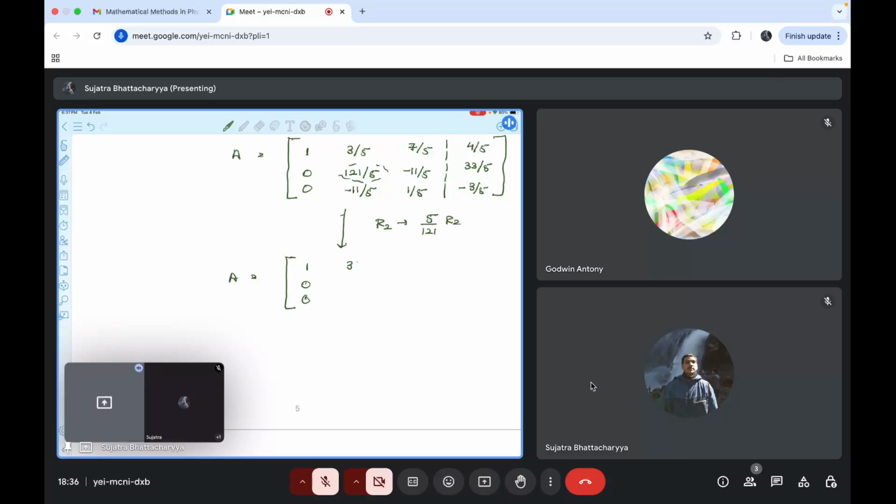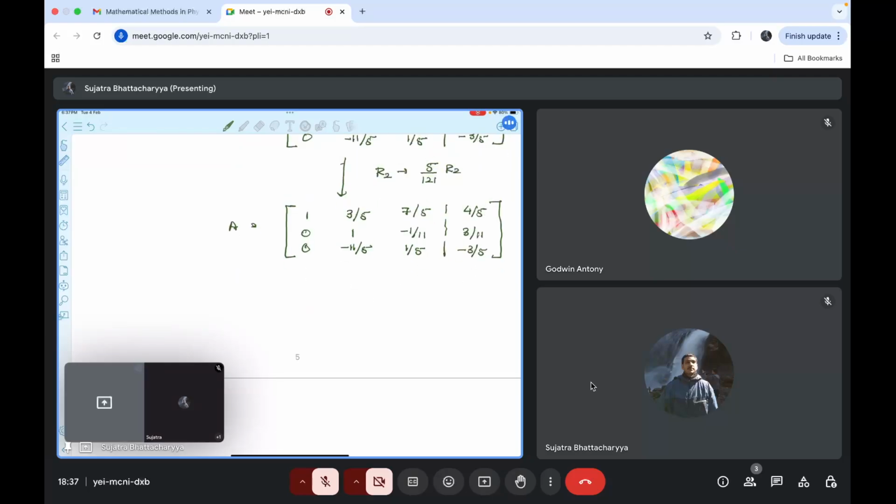So it will be 3 by 5, then 1 and minus 11 by 5. It will be as it is because there is no operation on R3. Here there is an operation. So this is minus 11 by 5, so it will be minus 1 by 11. This is 1 by 5 as it is. So this is 4 by 5, 3 by 11, and minus 3 by 5, based on that equation.